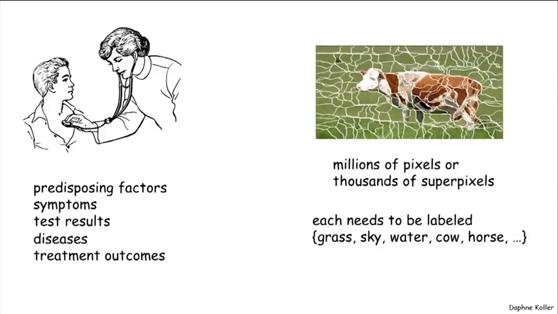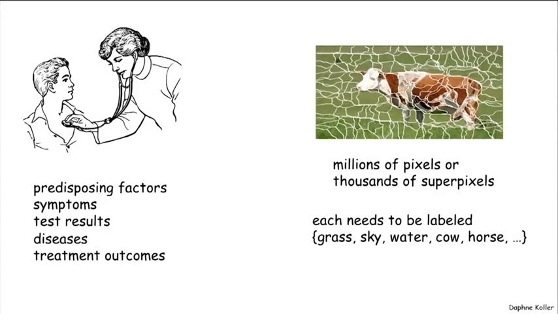What do these two problems have in common? First, they have a very large number of variables that we have to reason about. In the context of the doctor, it's all these predisposing factors, test results, possible diseases, and so on. And in the context of the image segmentation, it's the labels for these different pixels or these larger regions called superpixels.